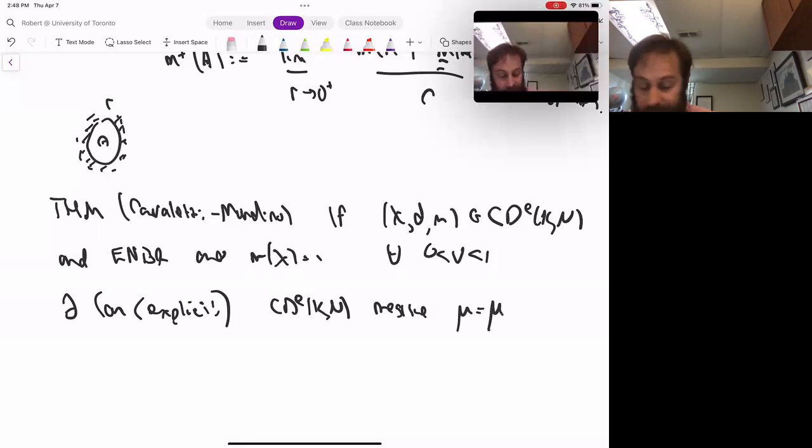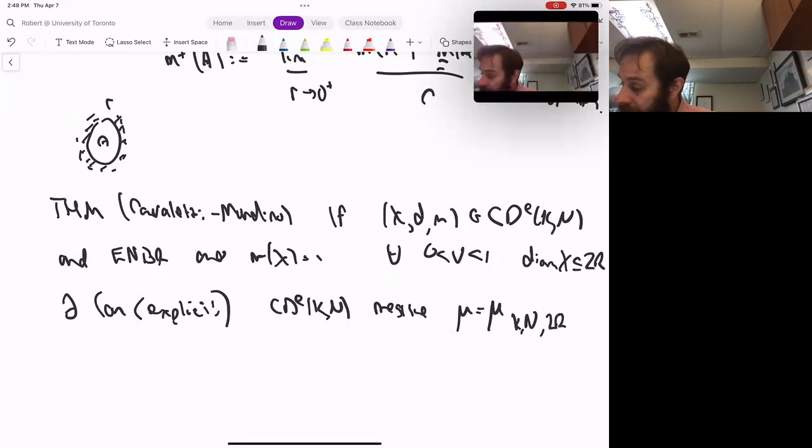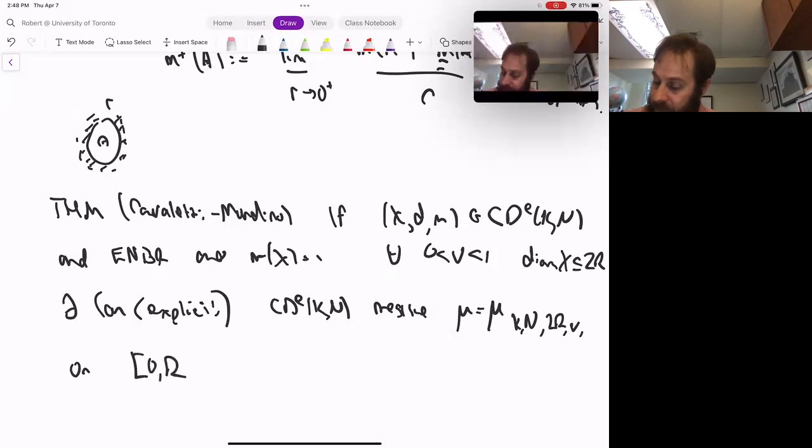So it depends on K, N. Oh yeah, I want the diameter of X to be less than, let's say, 2R, and the volume fraction, on the Euclidean interval of length 2R.